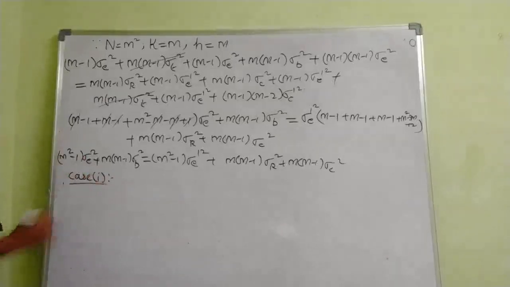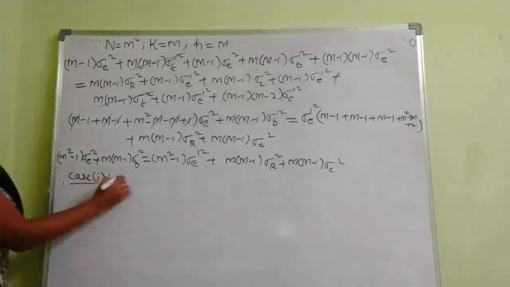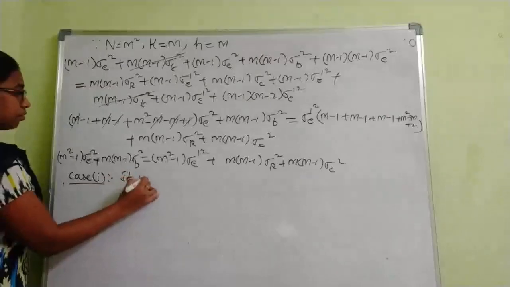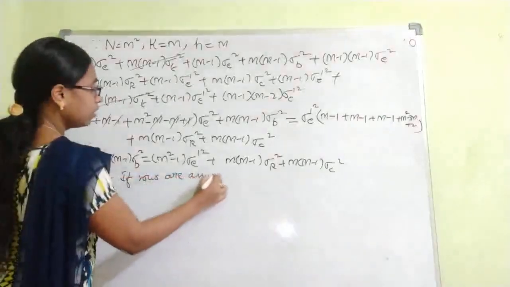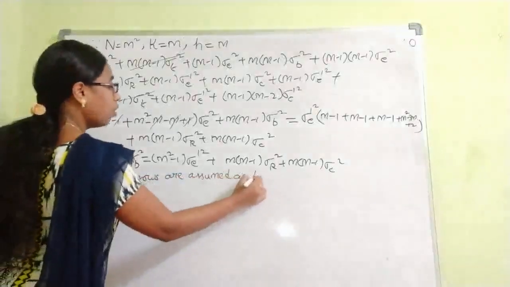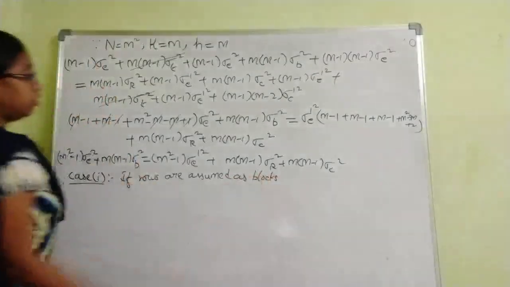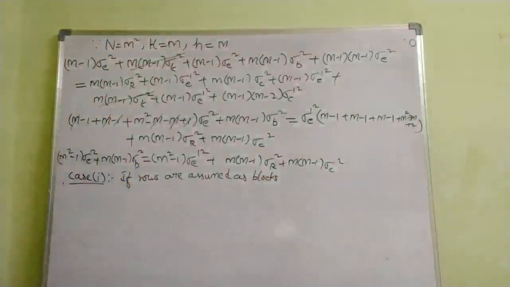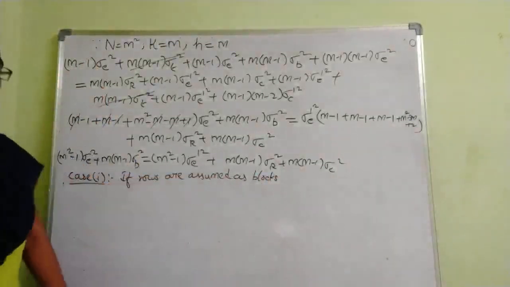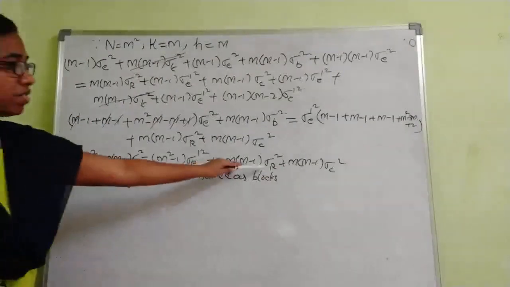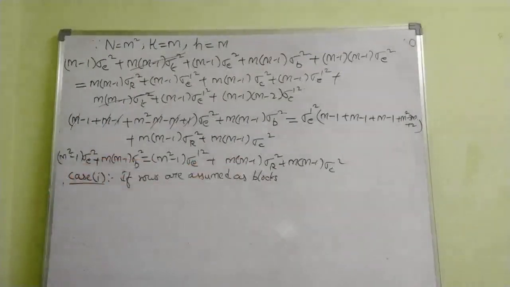In case 1 what we assume is, if rows are assumed as blocks, that means wherever you have rows, there you have to write it as blocks. Here you have sigma r square, so in place of sigma r square we write sigma b square.